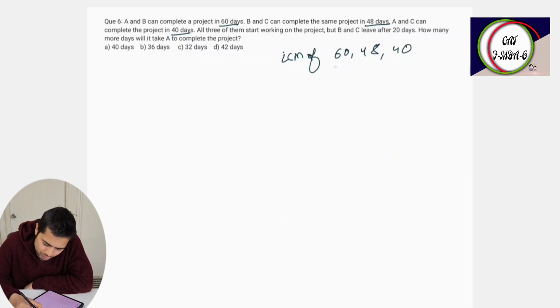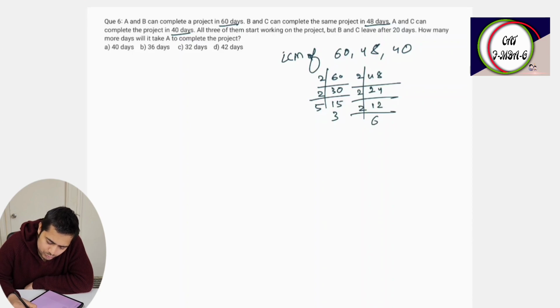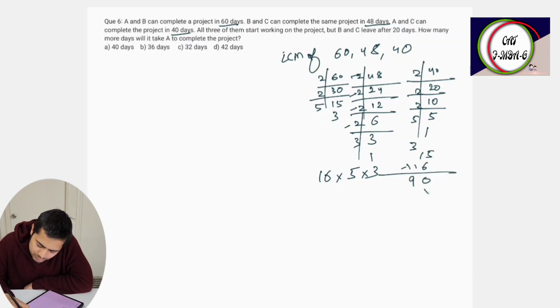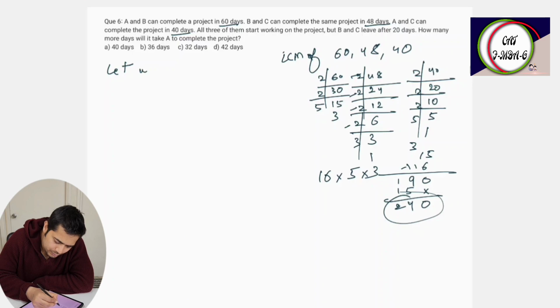The LCM comes to 240, so let the work equal 240 units.